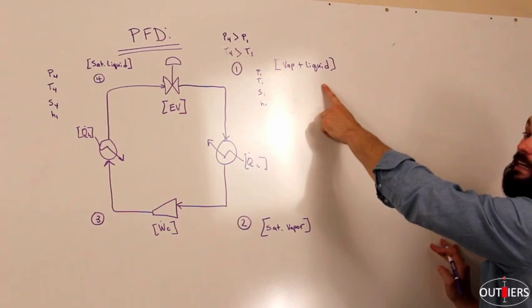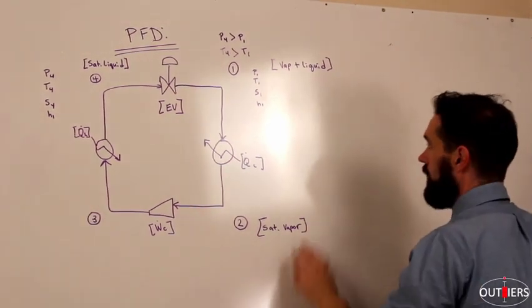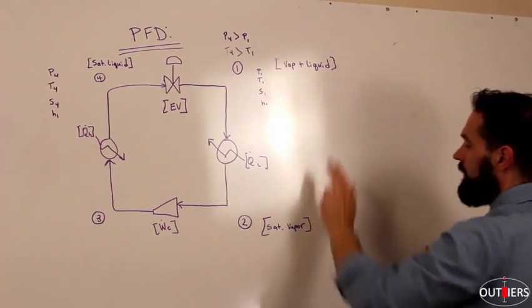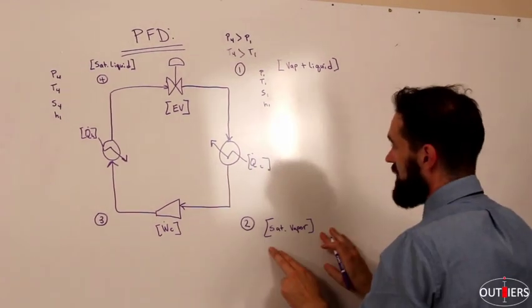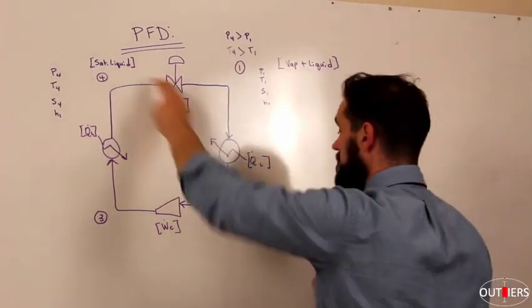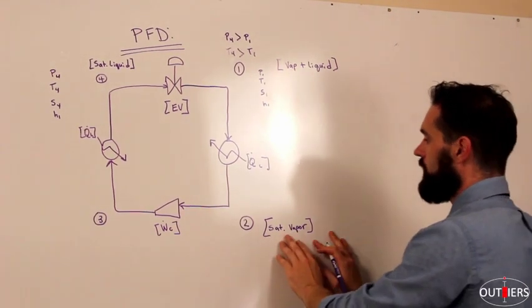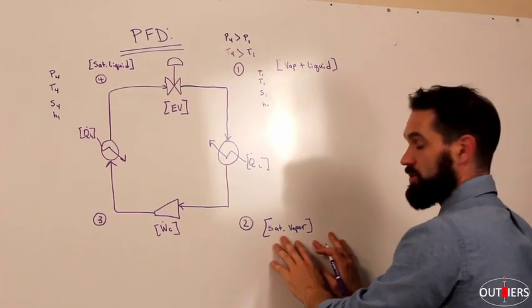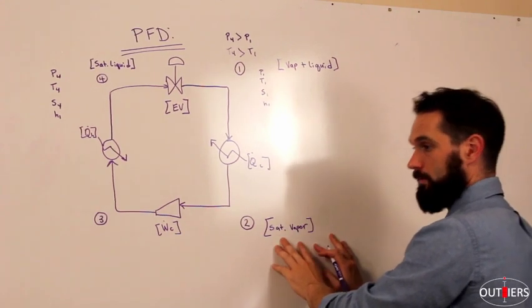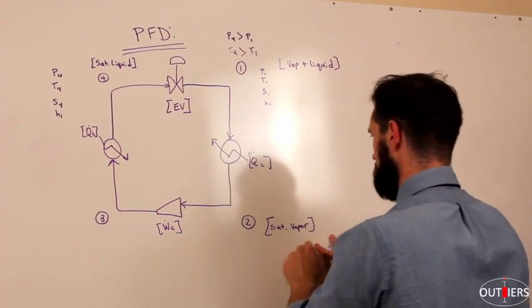Again, we're looking at latent heat here. We're going to evaporate all this liquid, and everything now is going to be saturated vapor. Just like saturated liquid, this is still vapor-liquid equilibrium, so we're still constrained under vapor-liquid equilibrium.